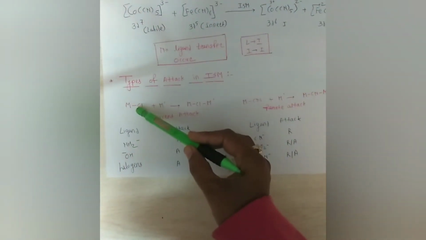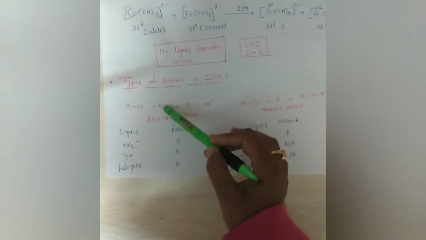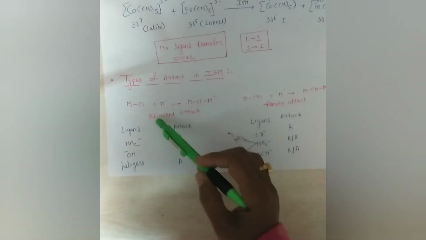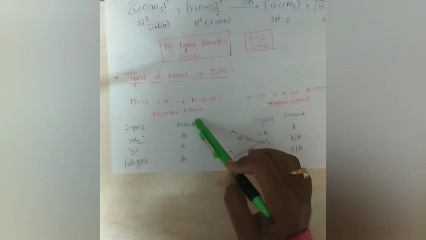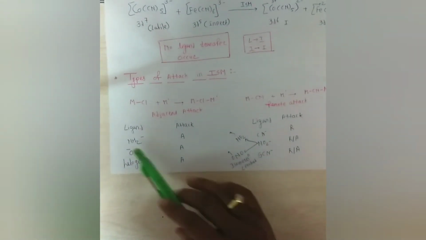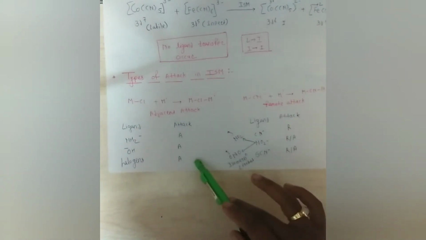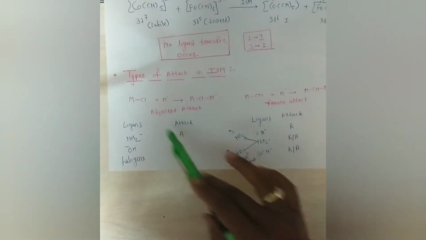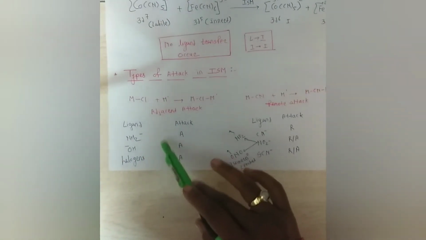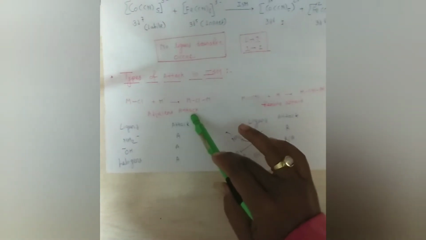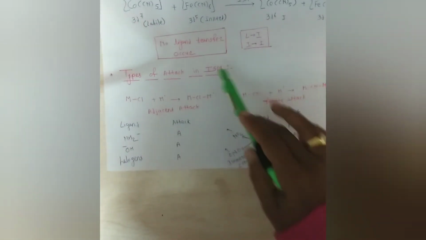Here the electron of the chloride attacks this metal atom and therefore it is an adjacent attack. The ligands NH2 minus, OH minus and halogens show this type of attack. If your complex contains such a ligand, then it shows adjacent attack in the inner sphere mechanism.